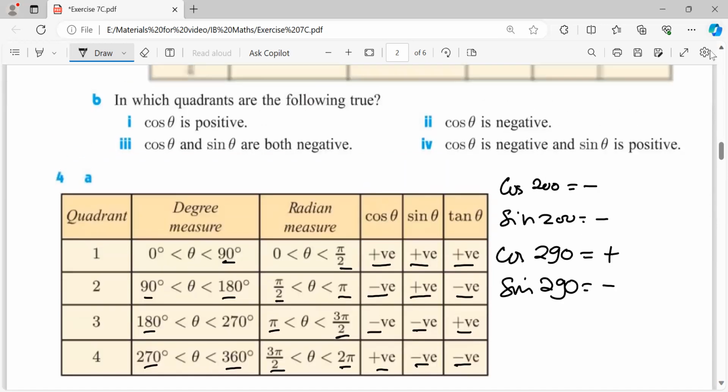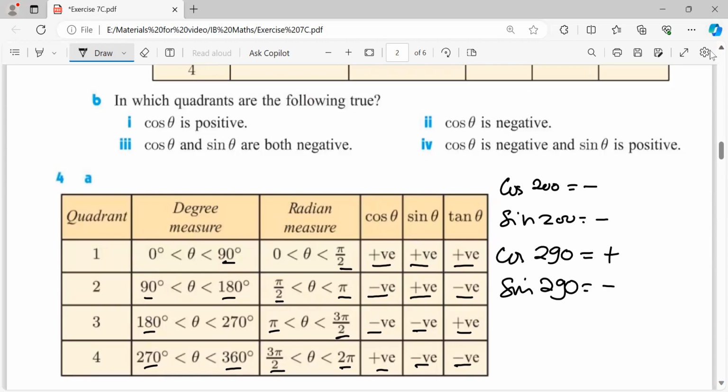Next, D. In which quadrants are the following true? Cosine theta is positive. Which quadrant?